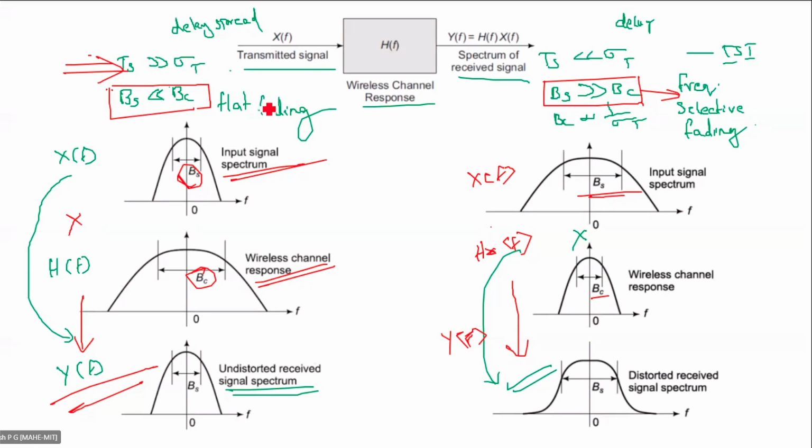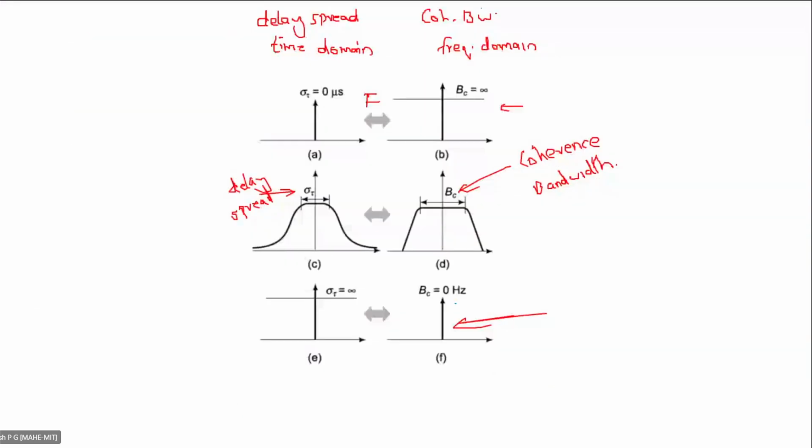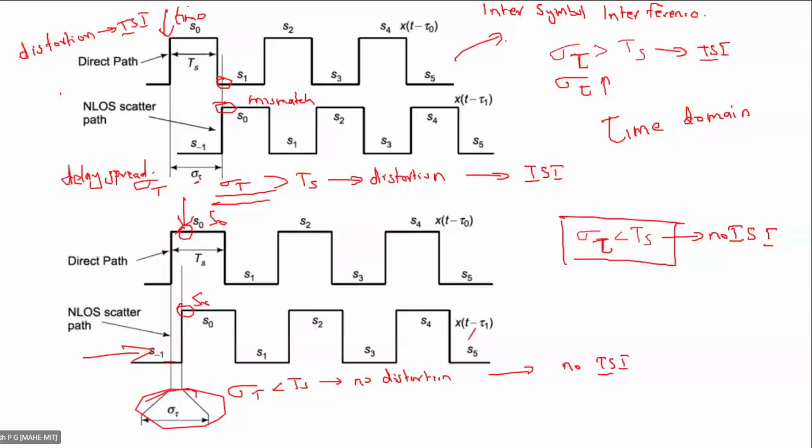That means there is less distortion. We have already seen that. If you remember this diagram, see the second case, Ts is high compared to sigma tau.